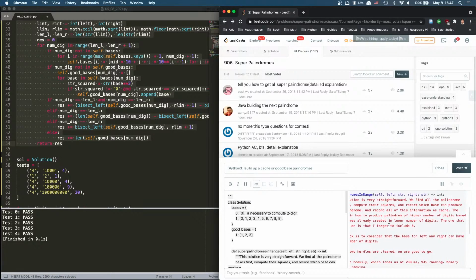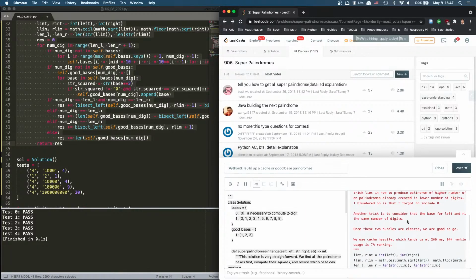Figure squares and record which base can produce a superpalindrome and record all of this information as cache. How to produce palindromes with a higher number of digits based on palindromes already created in a lower number of digits. The one that I blundered on, that I forgot to input 0.